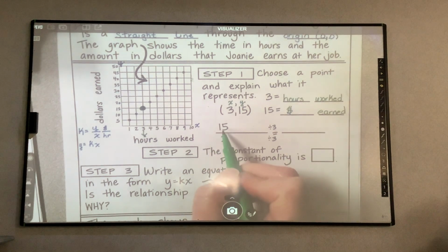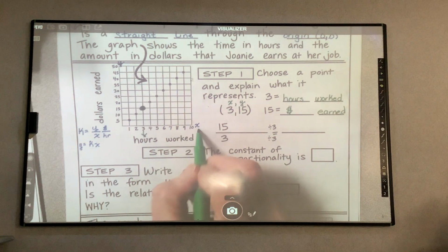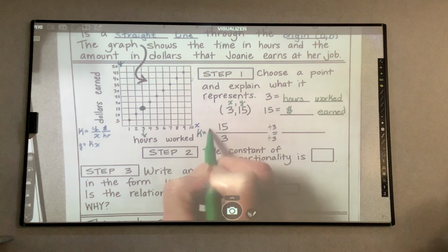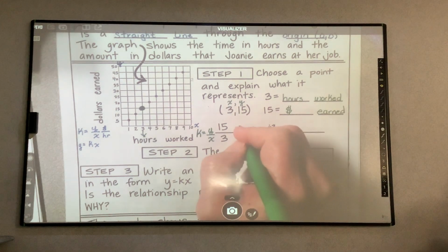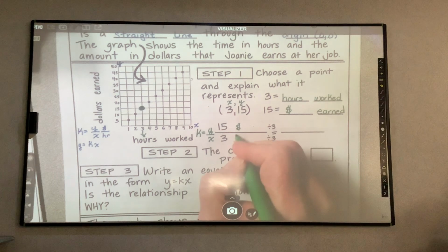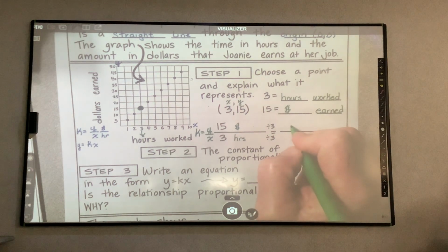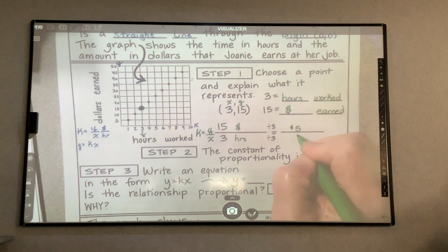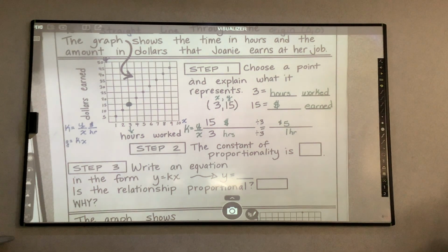So then they put 15 over 3. I'm going to write that this is my K equals Y over X. 15 is my dollars, 3 is my hours. If they reduce them by 3, you get $5 per 1 hour, which we call, what did we learn yesterday?